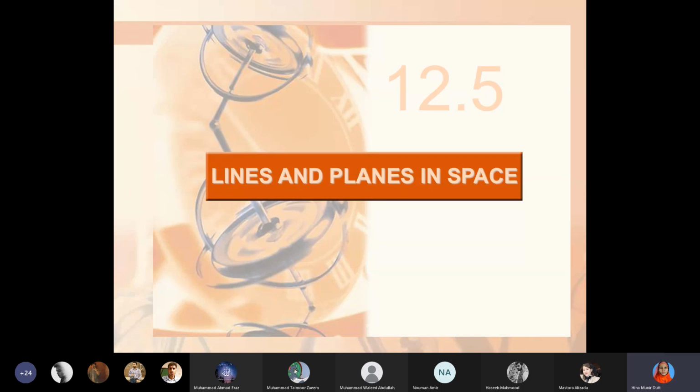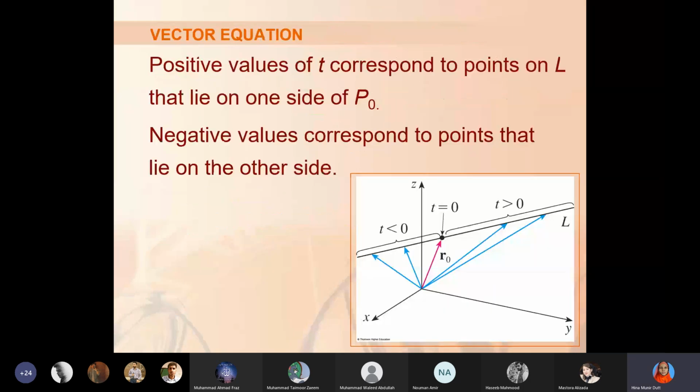So that's all we did in the last lecture, and today we will derive the equation of the planes in space. So how do we define it?